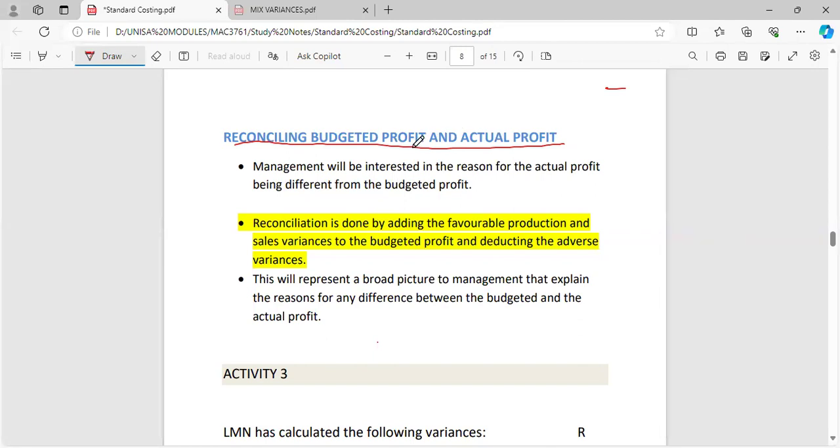Right, I was saying when we are reconciling our budget profit and actual profit, what we are trying to do here is that we have a budgeted profit before we do the variance analysis. So we want now to reconcile this budgeted profit to actual profit using the variances that we have calculated.